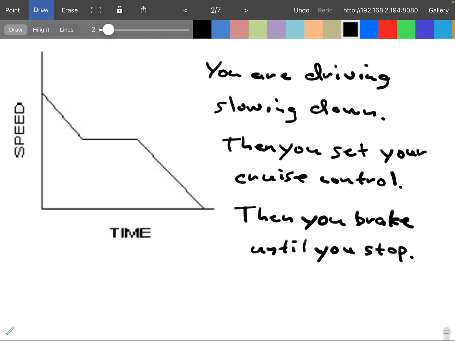All right, does that make sense? So you are driving, slowing down, then you set your cruise control, then you brake until you stop.